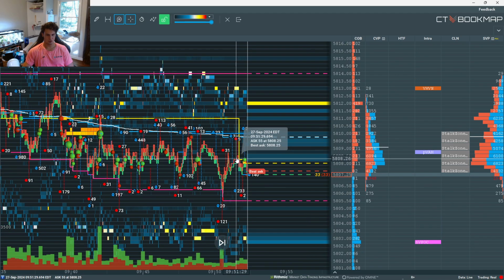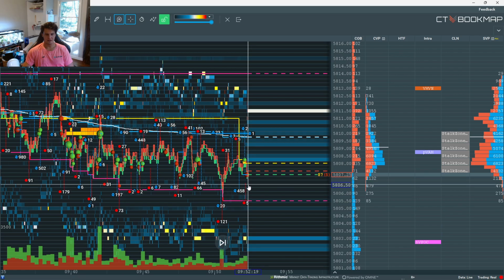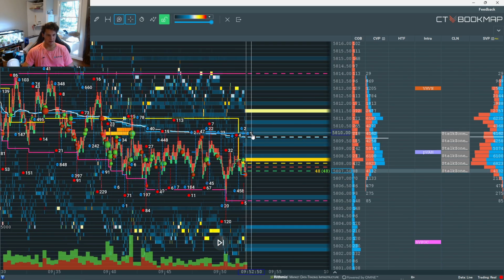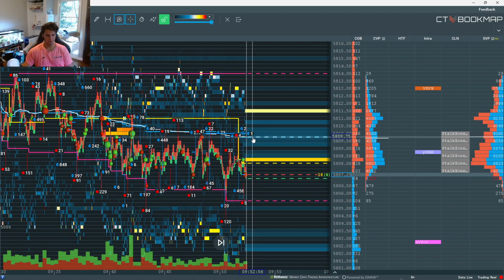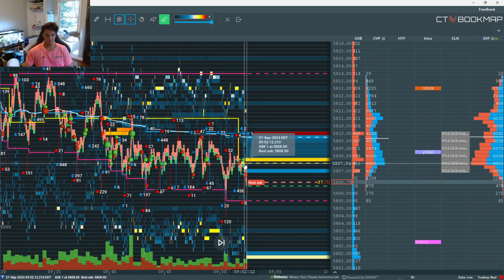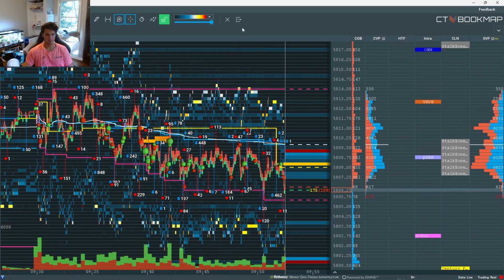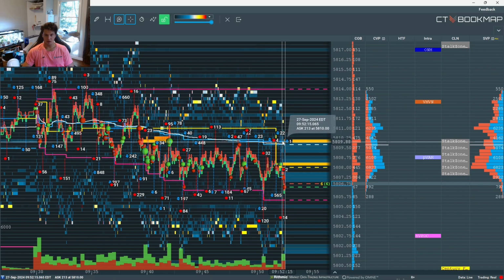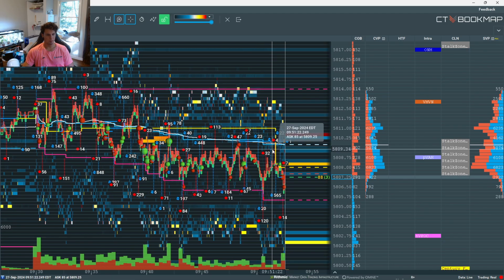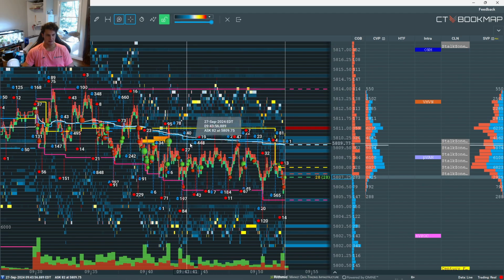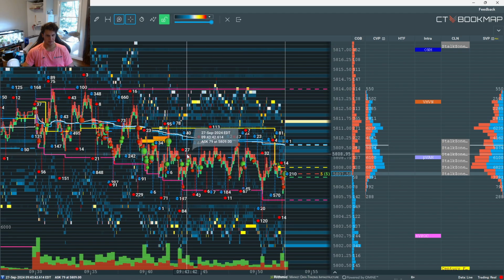This could be a short, but we're on the outside edge, so we're not looking for that area. I would pass up on this, because we know that the market may want to test back into this area up here.